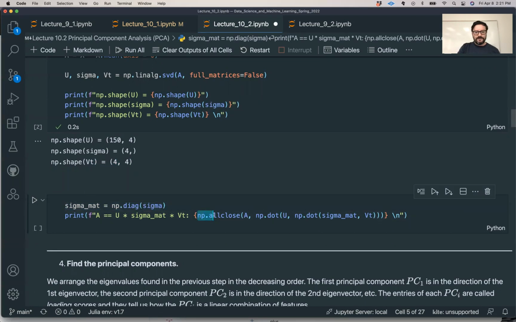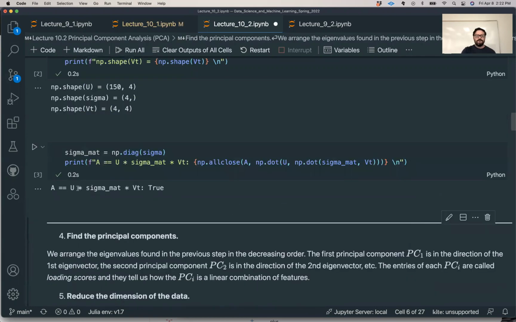Then np.allclose is a way of comparing this matrix to this product, because of floating point problems. But we can still verify true. So A is indeed equal to U times sigma times VT. It's a proper matrix factorization with maybe a little bit of noise introduced when factoring.